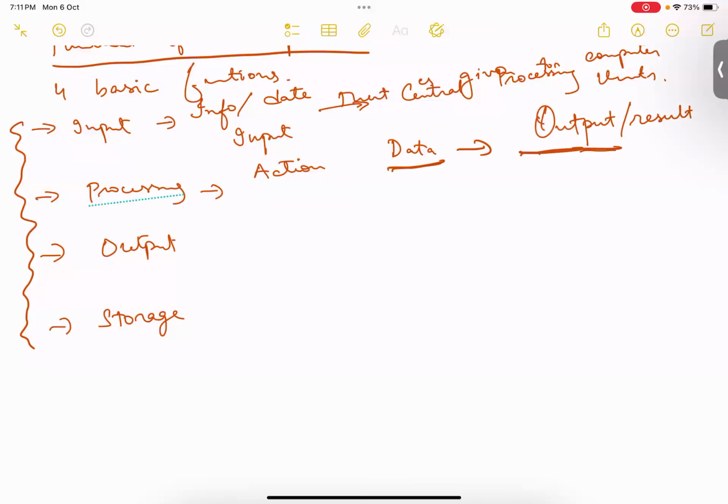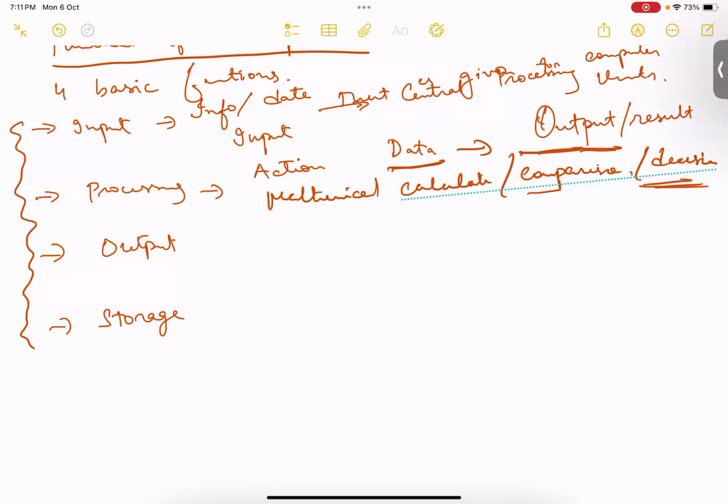Now, the processing can be anything. It can be a mathematical calculation. It can be a comparison function. Or it can be some other type of decision that has to be taken by the computer. But all these decisions, comparisons or mathematical calculations will be based upon the input.